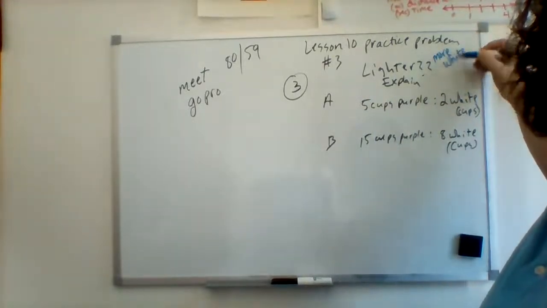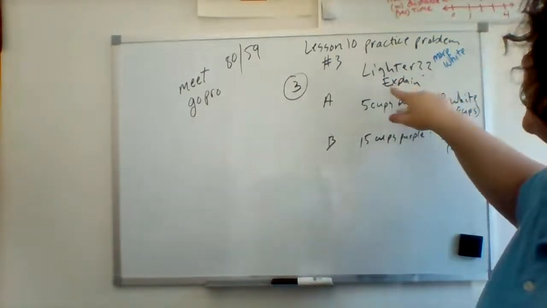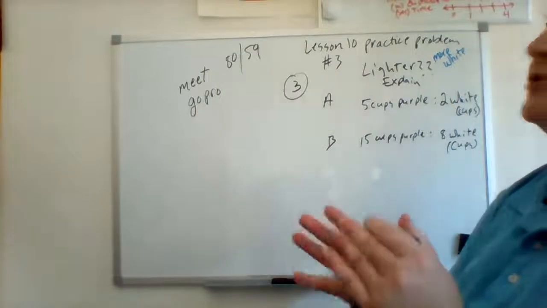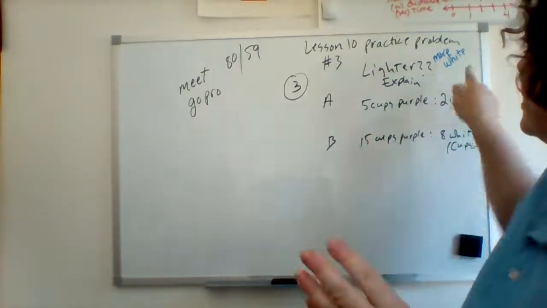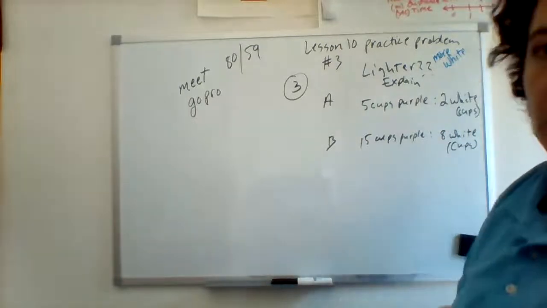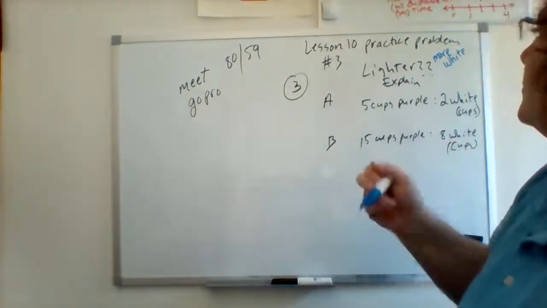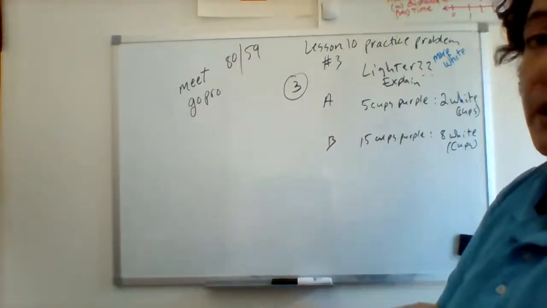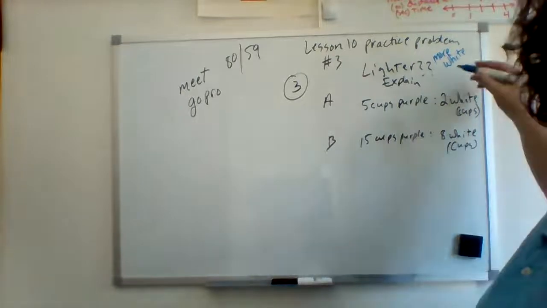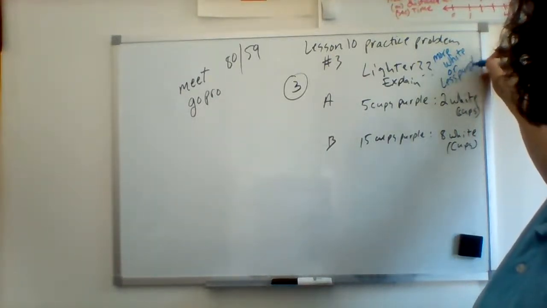More white. The other way you could look at it is, okay, if you can find the same number of purple, then the one that has more white is the one that's lighter. And then you can do it the opposite way. If you find the same amount of white, then the one that has less purple.